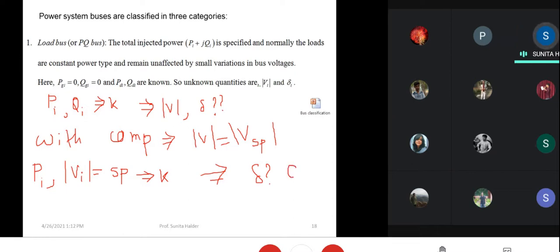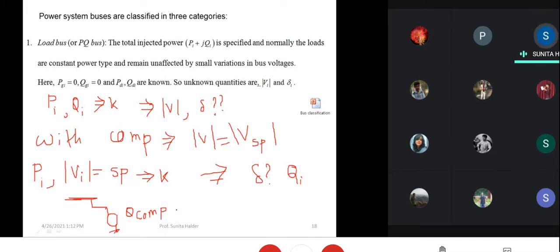Along with that, QI, because QI is actually Q comp minus QDI if there is a compensation. When you are adding a compensator to a load bus, what the compensation will be depends on whether the voltage is rising or going down. So Q comp may be capacitive or inductive. Anyway, that generates Q comp, which means a reactive power generation, but not at a generator bus, at a load bus.